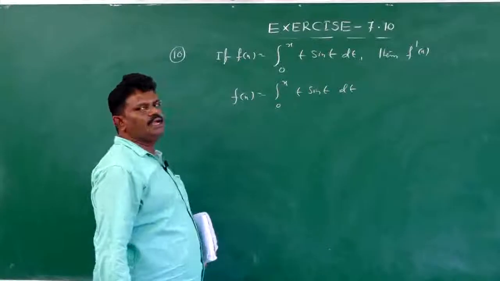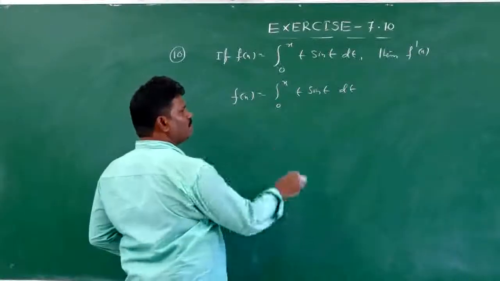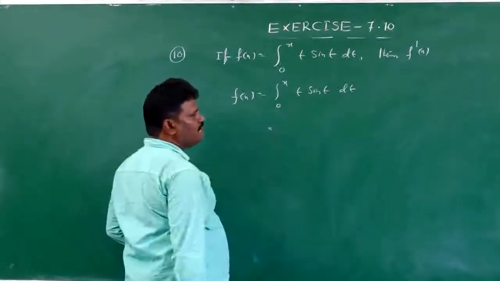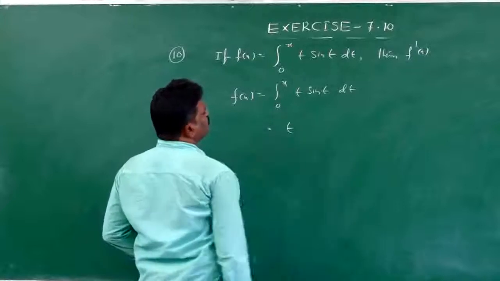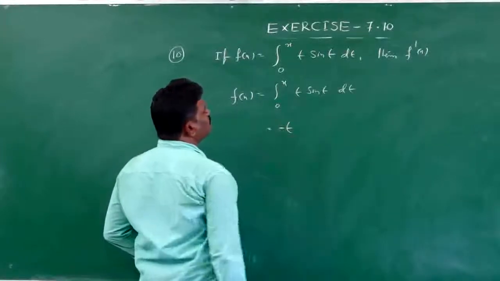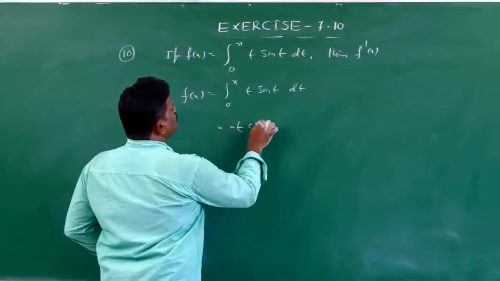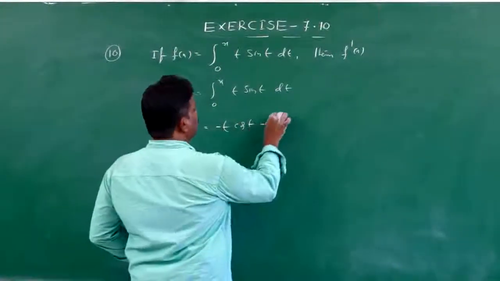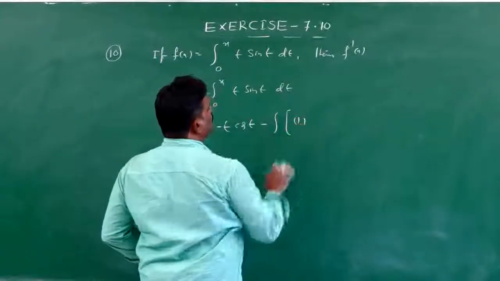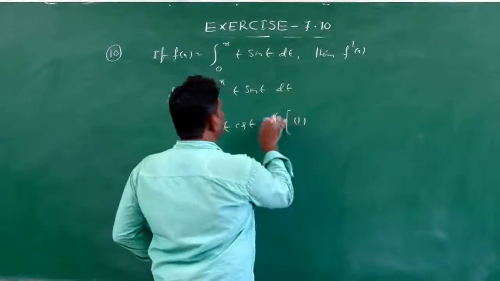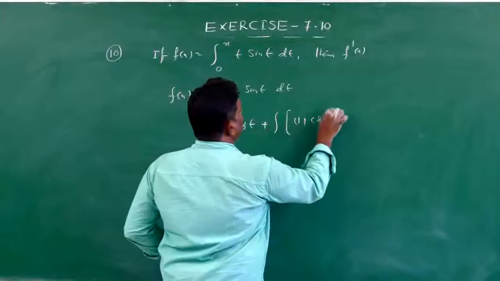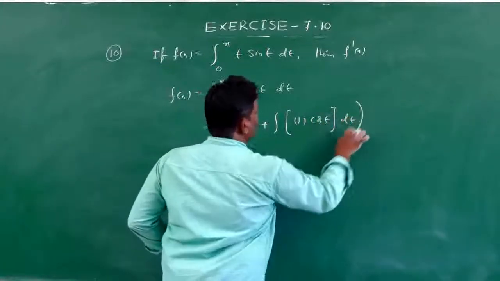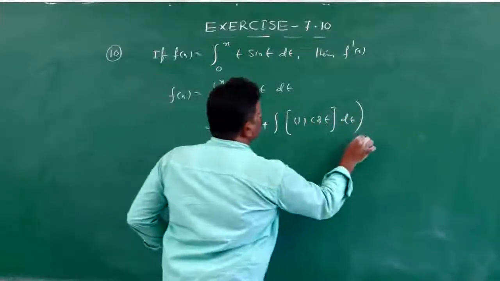Now we apply the by parts formula. By parts formula means t, the first function, is written as it is. Next, the integration of the second function sin t is minus cos t, minus integral of the derivative of t, which is 1, times the integral of sin t, which is minus cos t, so plus cos t dt, with limits 0 to x.